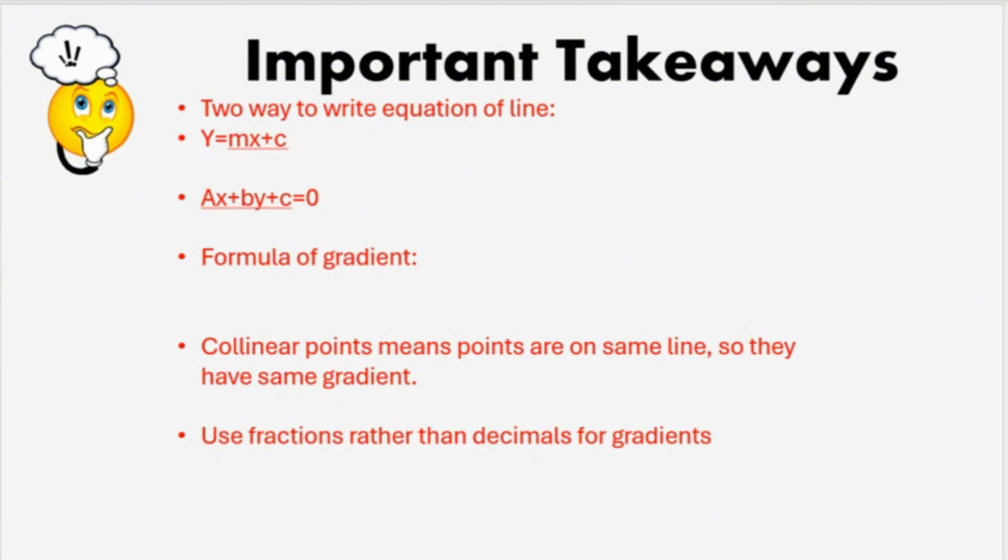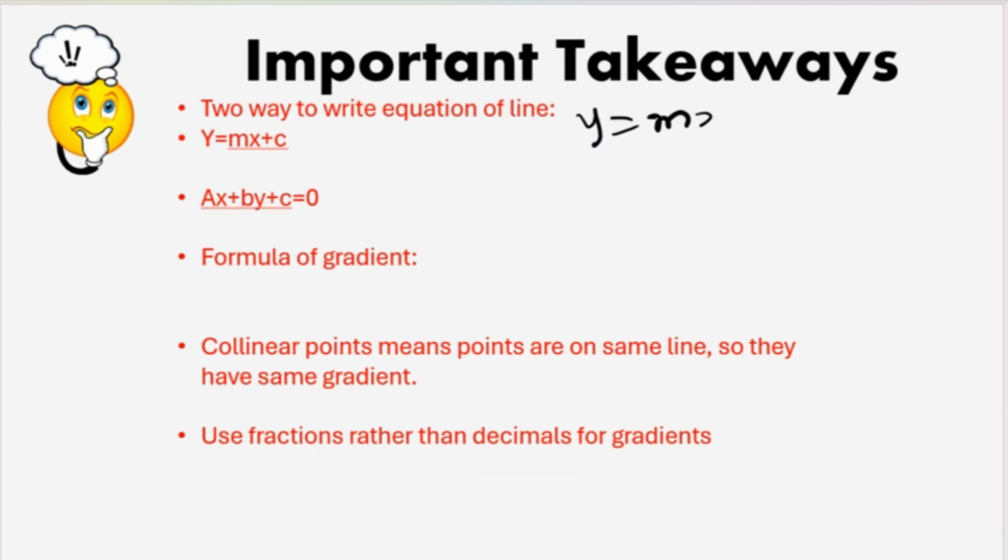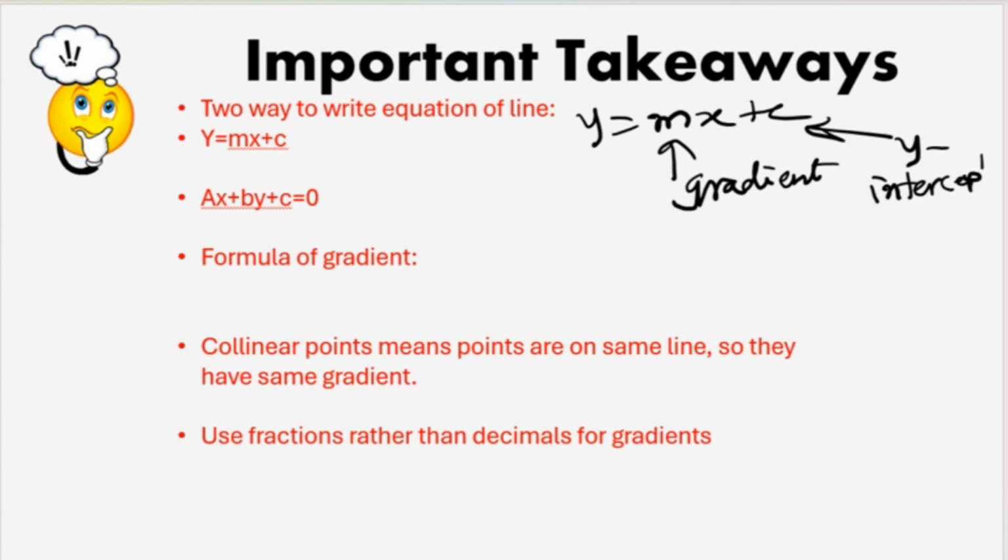Important takeaways for this lesson. We can write the equation of a line in two ways. The first one is y = mx + c, in which m is the gradient and c is the y-intercept.